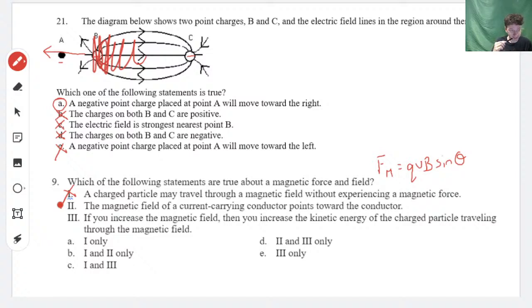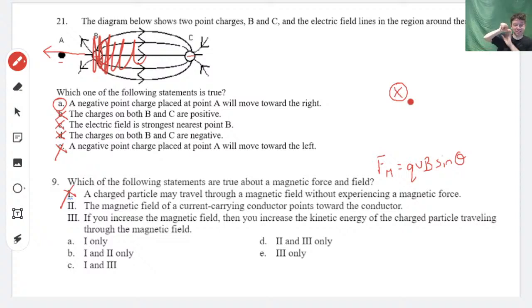Number 2. The magnetic field of a current-carrying conductor points towards the conductor. No. If you have a conductor, let's say here's a conductor, and let's have a current going into the screen here. This is our other right-hand rule.